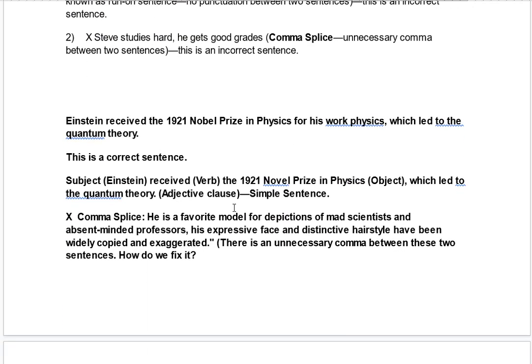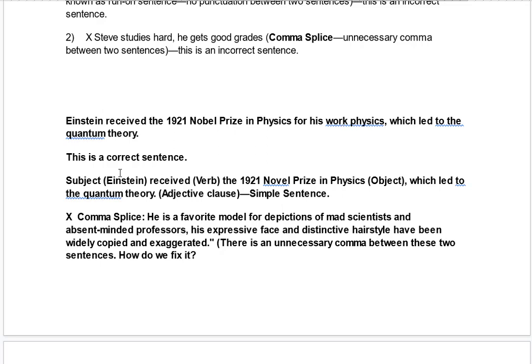Here's another example from your quiz. Albert Einstein received the 1921 Nobel Peace Prize in Physics for his work in physics, which led to the quantum theory. So this is incorrect because here you have no period. Okay, so Albert Einstein received his Nobel Peace Prize in Physics for his work in physics.